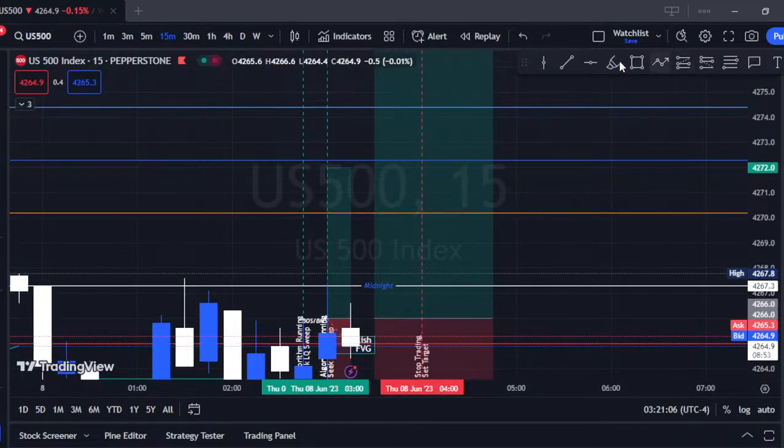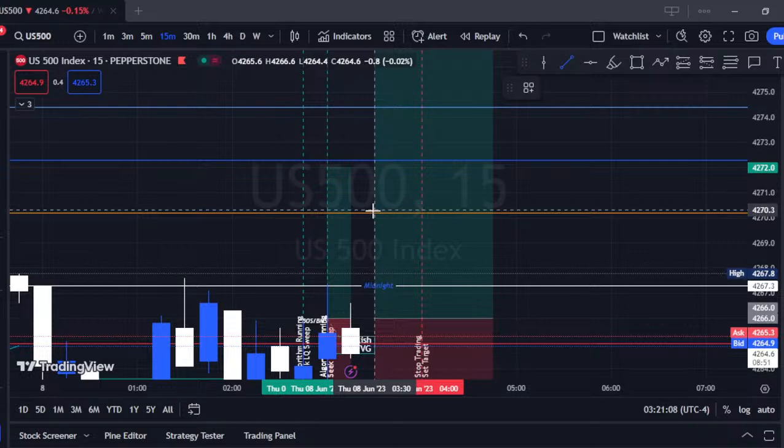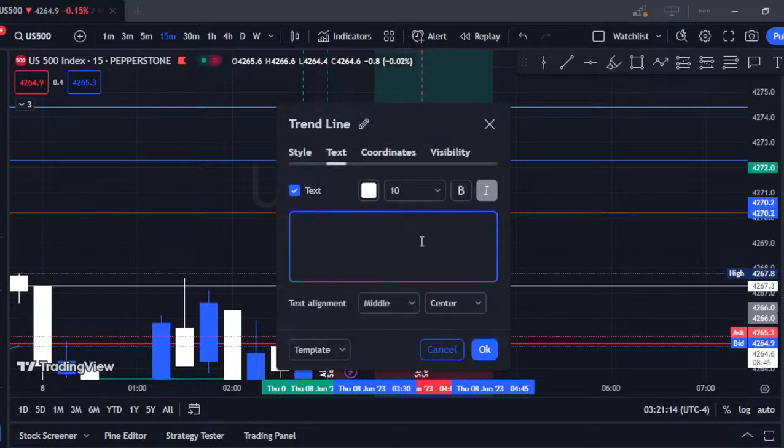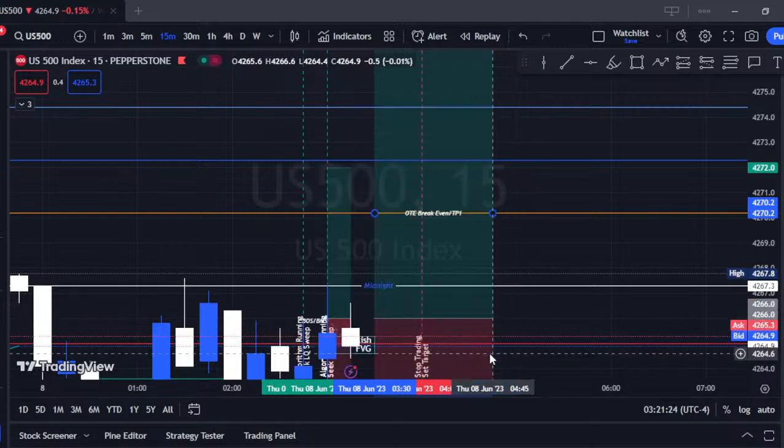So this will be the OTE. Disclaimer one more time: I'm not sure if it's the correct way to use the OTE setup, but I will use it anyway. OTE break even slash TP1.